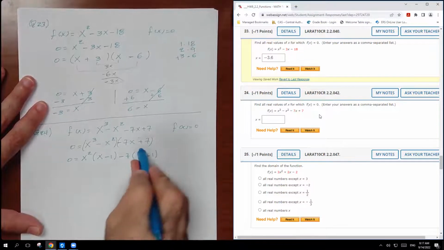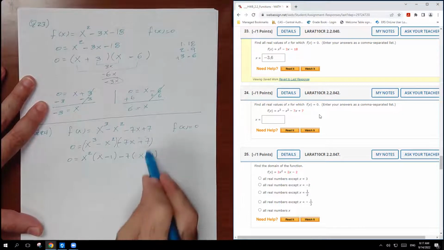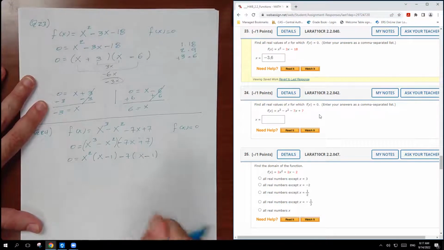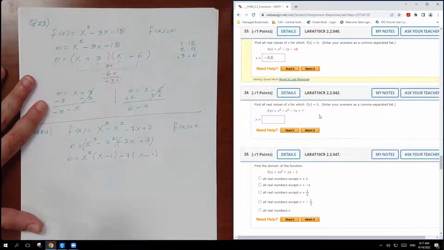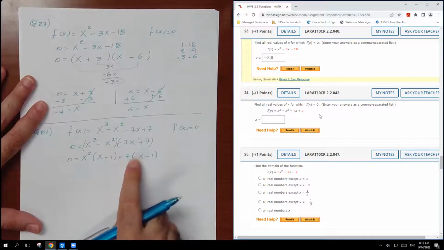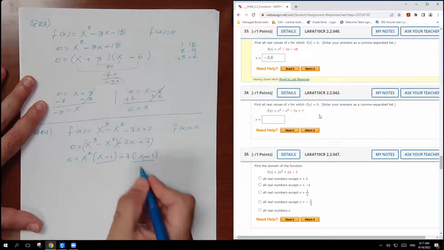Change the sign for the second parentheses. This is negative, I'm going to make it positive. And this is positive, I'm going to make it negative. So now we have exactly the same parentheses. So just change the sign for the second part. This parenthesis is similar to this one.